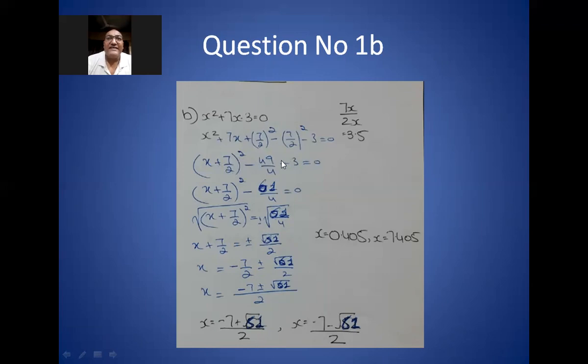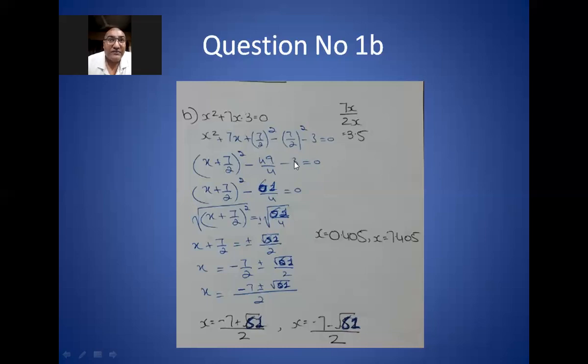When you take the LCM of these two, you solve these two fractions, and you simplify these two fractions. So what will happen? You will have x plus 7 by 2 whole square minus, the LCM is 4, so it will become minus 12.